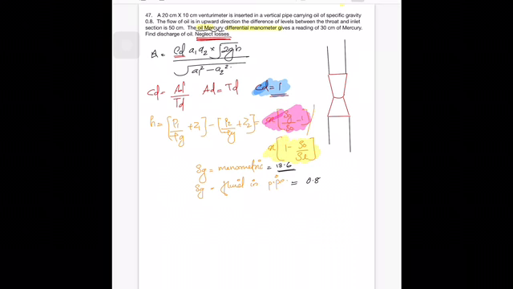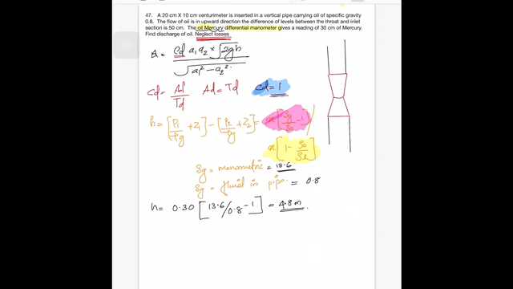That's not acceptable. So H is equal to X, that is the reading of the mercury oil differential manometer, 0.3 times 13.6 by 0.8 minus 1. That will be equal to 4.8 meters.